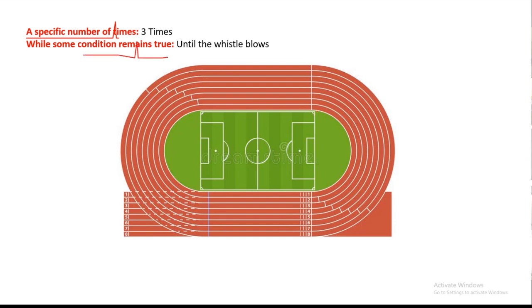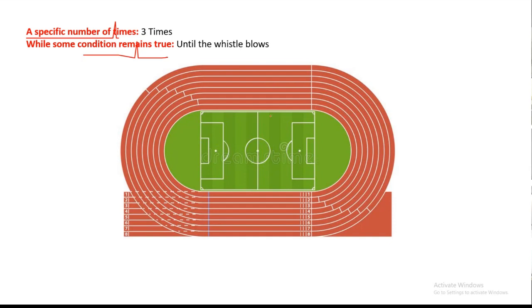Think of people running around a place. If the coach says run 3 times, the sportsman understands, I am going to run around this place 3 times. It's an exactly defined number of times.